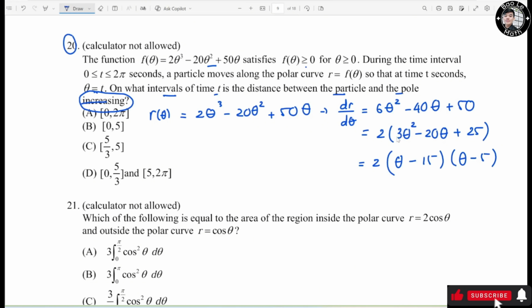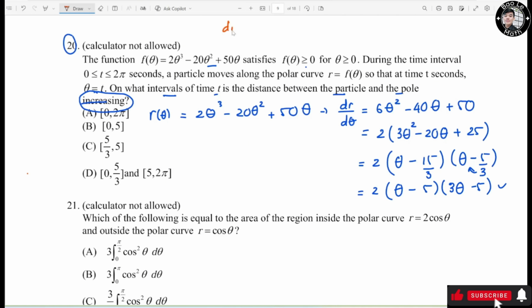Since the coefficient here is 3, you need to divide this guy by 3 and this guy by 3, so we're going to simplify this one. It's going to be 2 times theta minus 5, multiplied by 3 theta minus 5, because you cannot simplify this one. This is the final factored form, right?